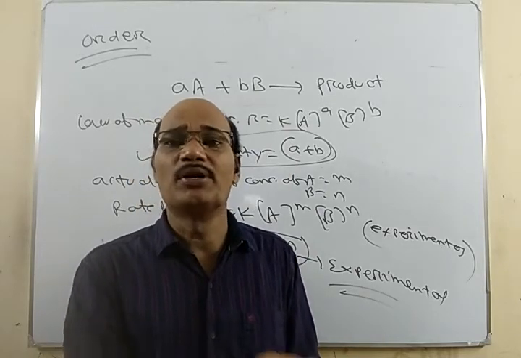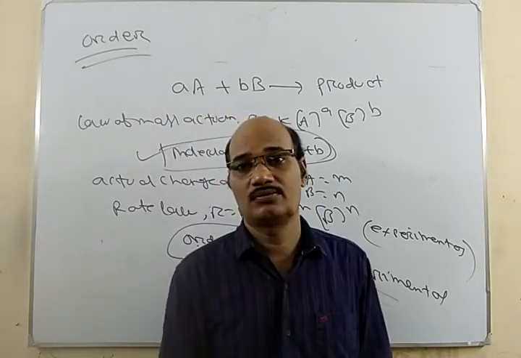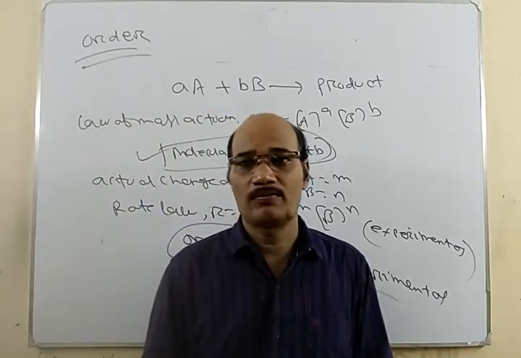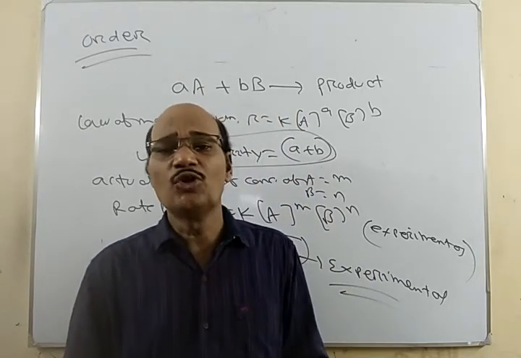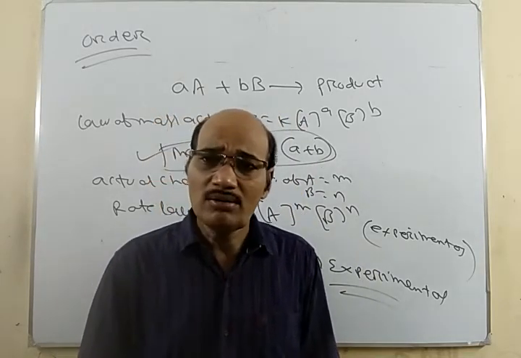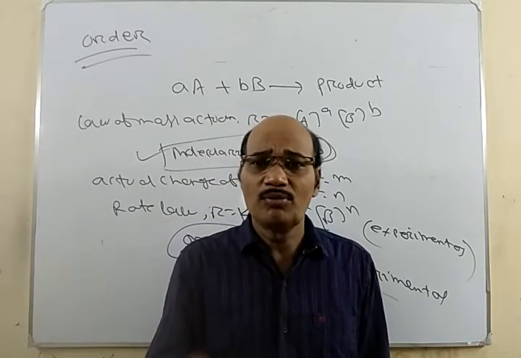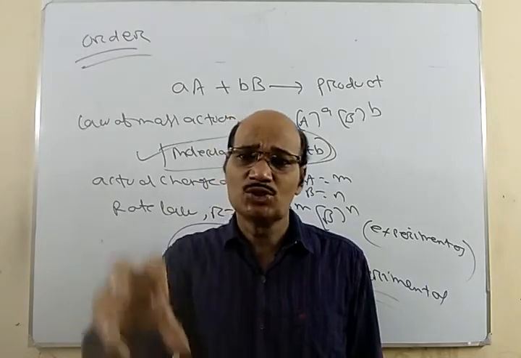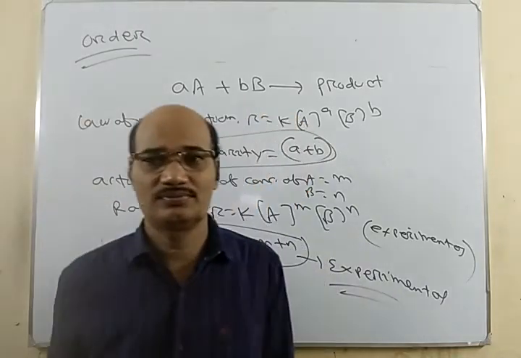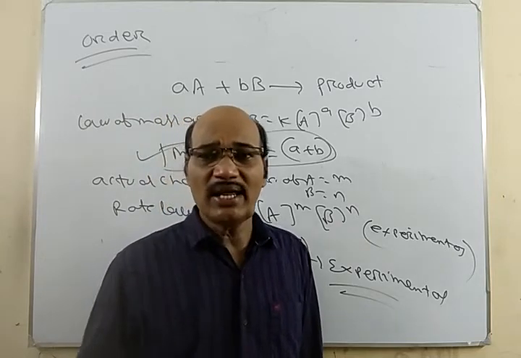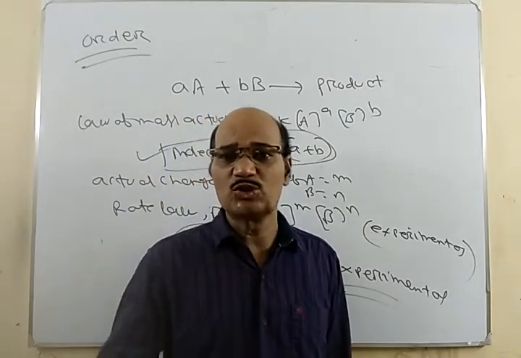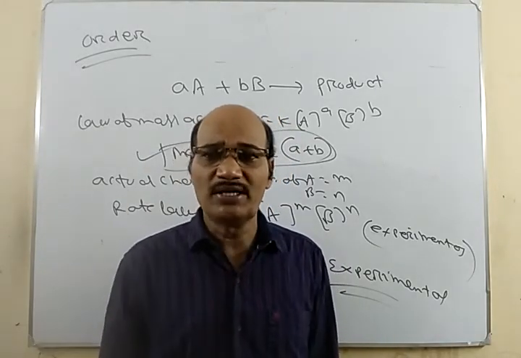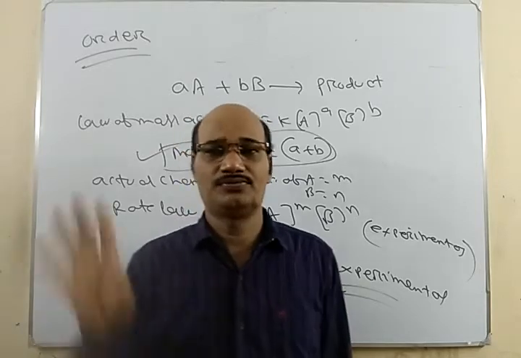But the order of reaction we are determining overall, from the rate law, and the rate law we take for the rate determining step, which is the slowest step in a chemical reaction. When we have a multi-step reaction, we choose the slowest step, and from this slowest step we determine the order of reaction.